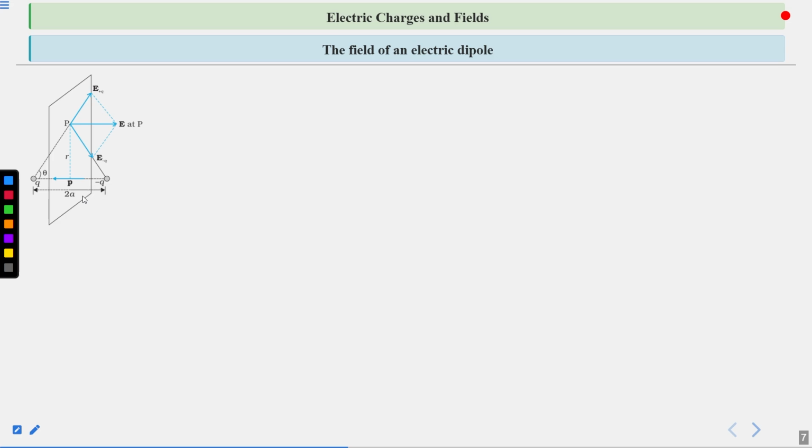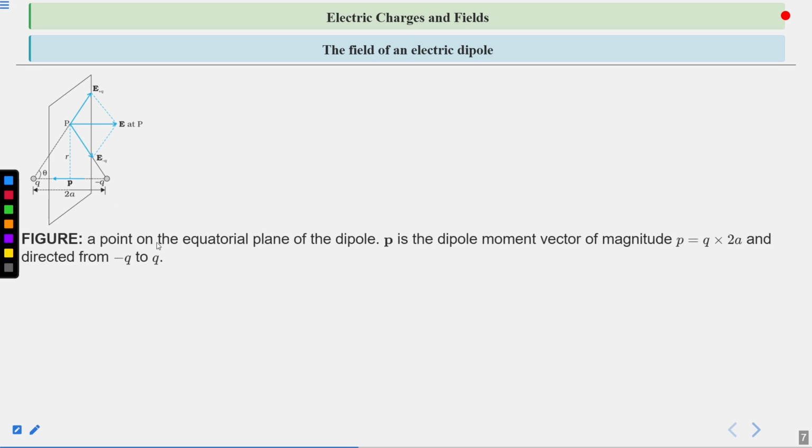So for a point on the equatorial plane of the dipole, p is the dipole moment of magnitude p equal to q cross 2a, directed from minus q to plus q. So the field is this one. This is the electric field at point P due to dipole in terms of dipole moment, that is minus q a multiplied by 2 divided by 4 pi epsilon naught, r square plus a square whole power 3 by 2.